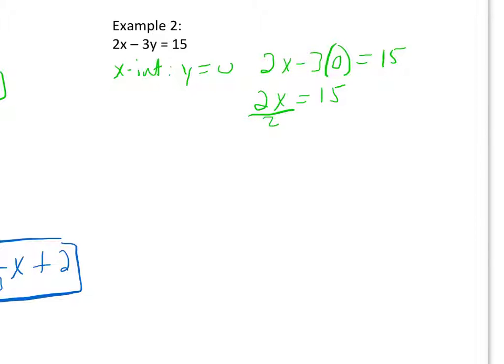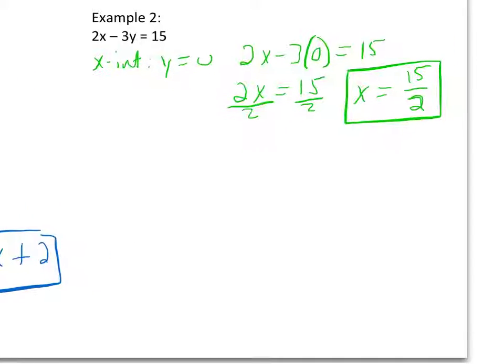Divide both sides by 2, and x equals 15 halves, or you can write 7.5. Both are good.